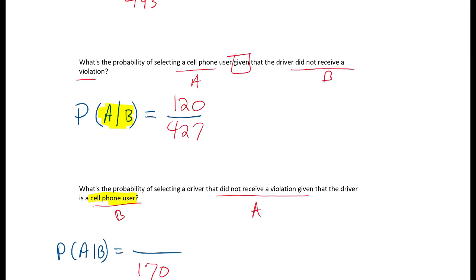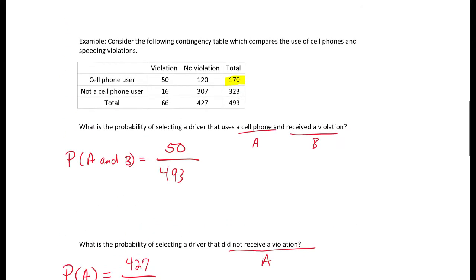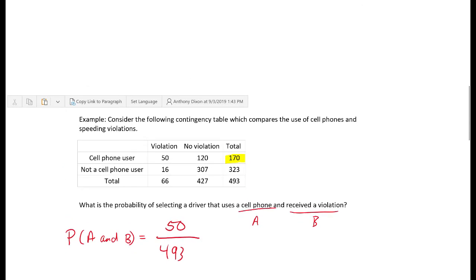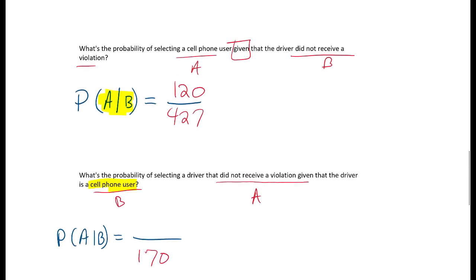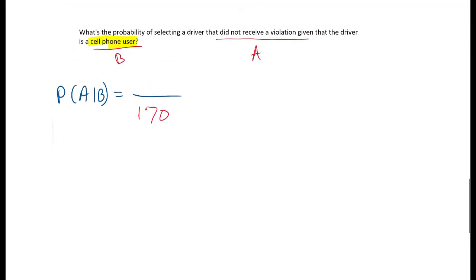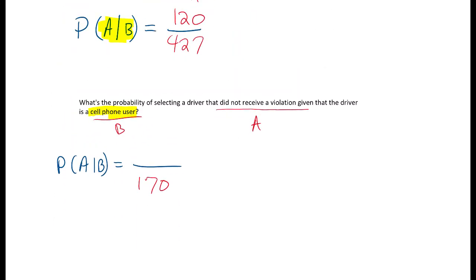And what's our numerator? So out of those 170 cell phone users, we're trying to figure out how many of them did not receive a violation. Well, 120 of them did not receive the violation out of just the cell phone users. Once again, you're restricting what you're looking at. So that's why this now becomes 120 out of 170.